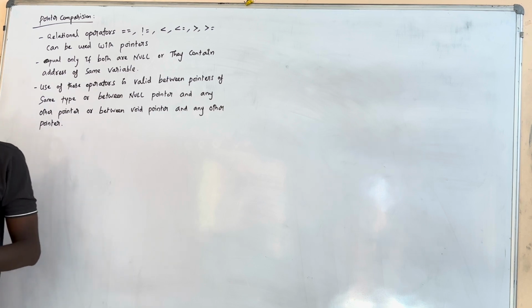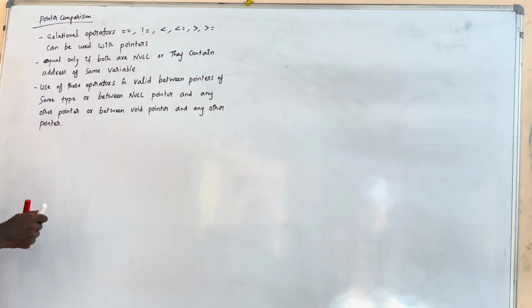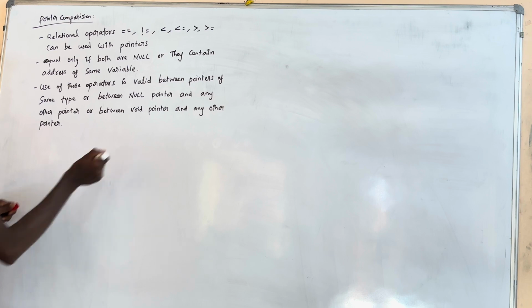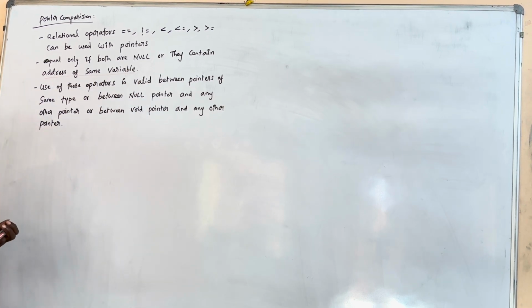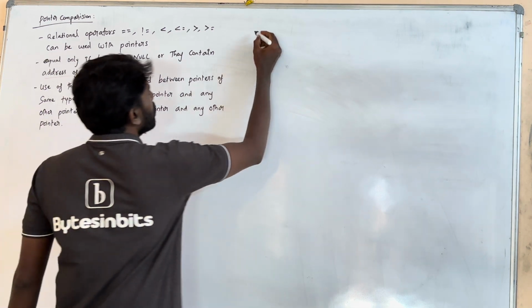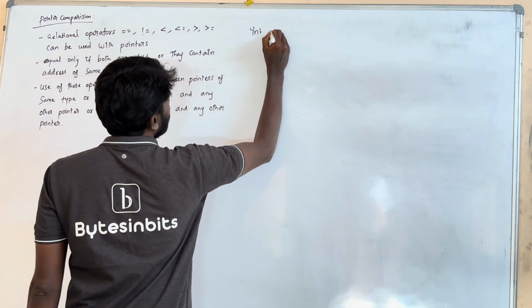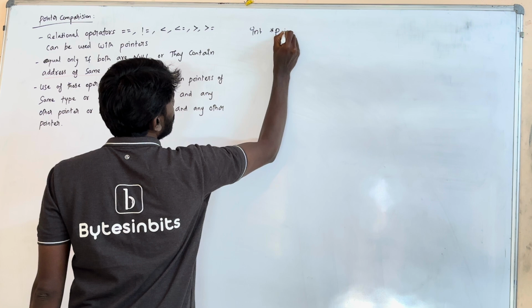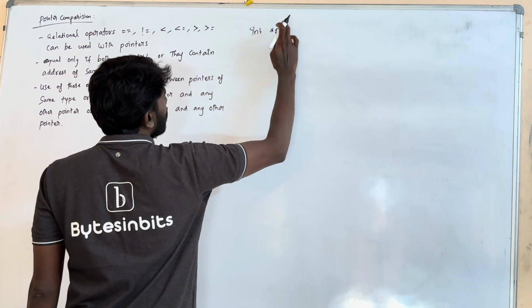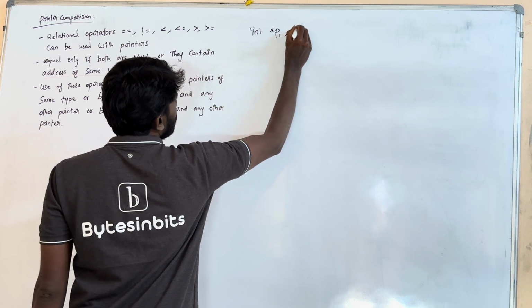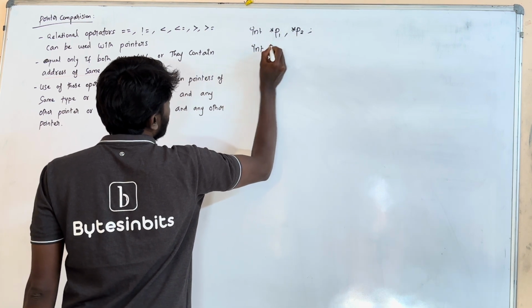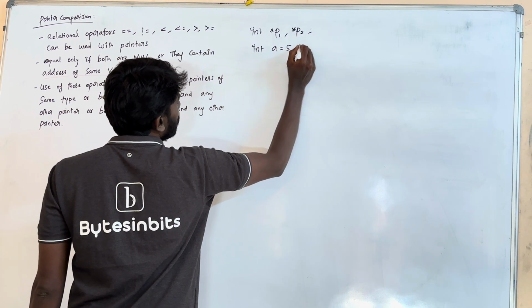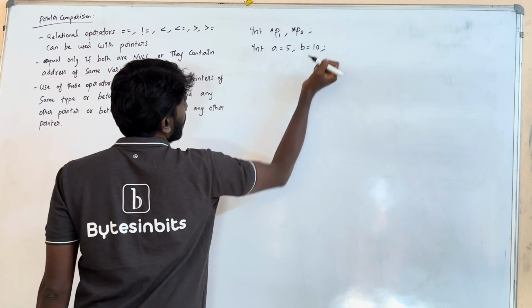Let's try to understand what it means, the same variable. So you have pointers P1 and P2, and you have variables like a is equal to 5, b is equal to 10.